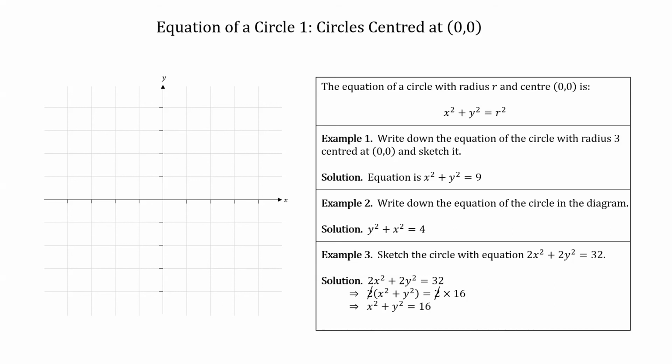And we just end up with x squared plus y squared equals 16. And that is, of course, the same as x squared plus y squared equals 4 squared, because 16 is 4 squared. So this is now in the form at the top. We have x squared plus y squared equals r squared, where r is 4. So this is, in fact, the equation for a circle centered at 0, 0 with a radius 4. Which would look like that.